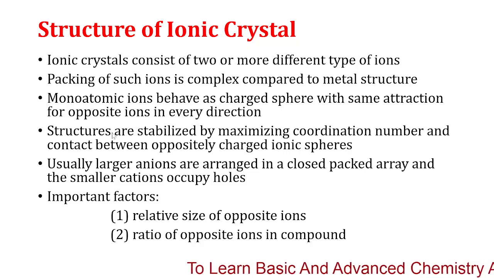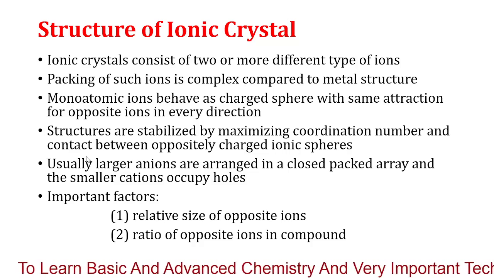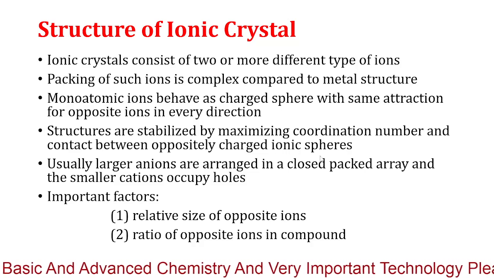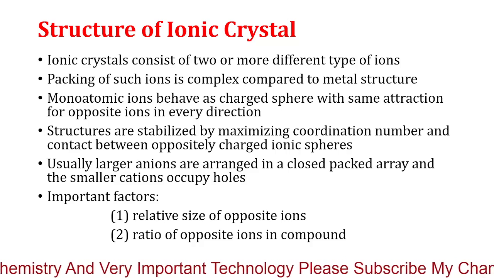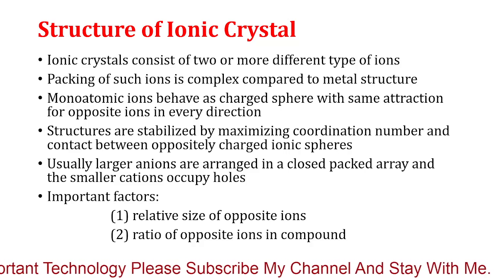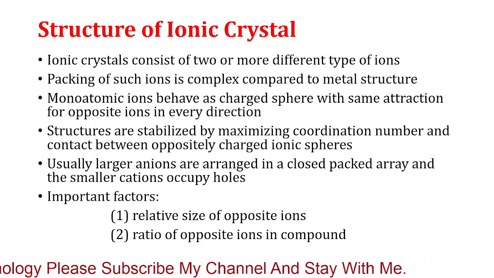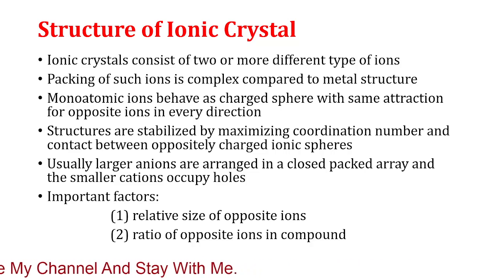So structures are stabilized by maximizing coordination number and contact between oppositely charged ionic spheres. So if we consider ionic crystals, the crystal becomes stabilized only when the crystal structure has the maximum coordination number.